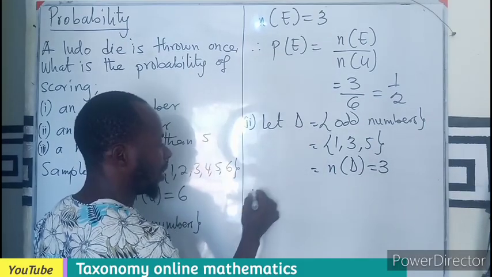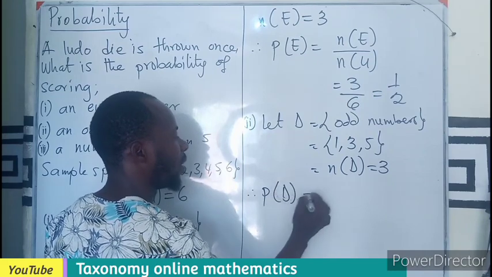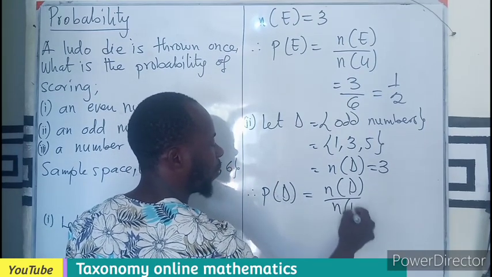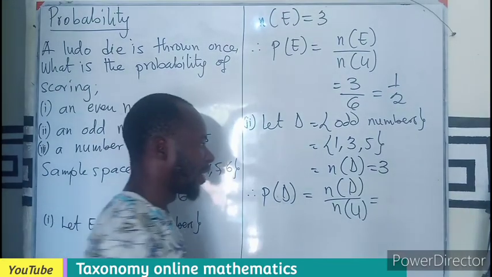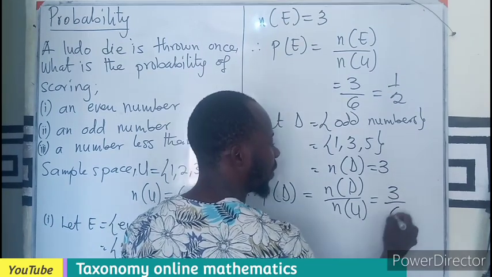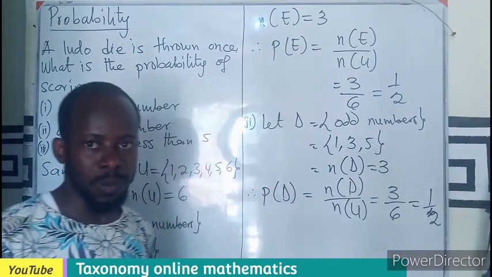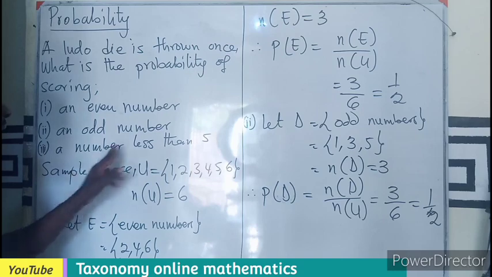Then the probability of selecting the event D is going to be the number of D over the number of the sample space. D gives us 3, and the sample space gives us 6. So we still have 1 over 2.